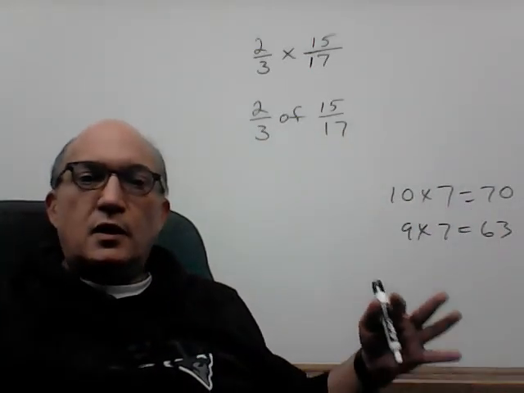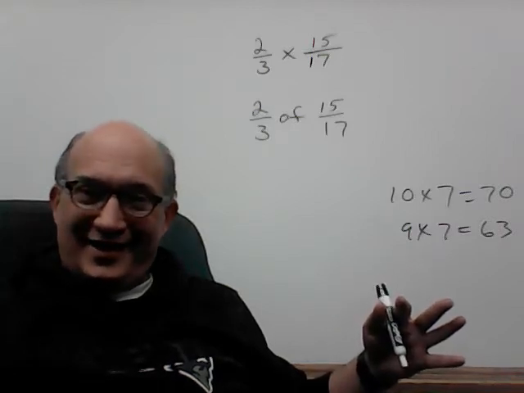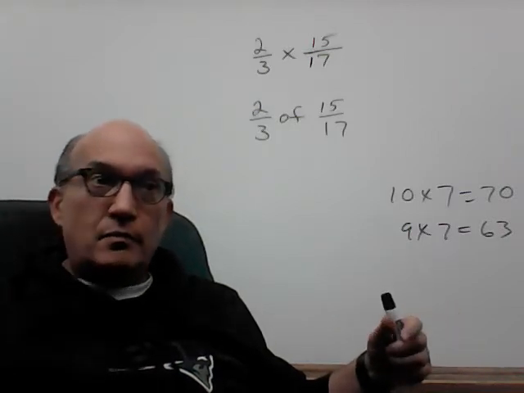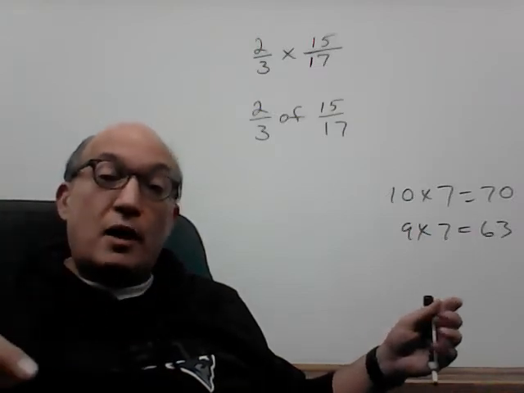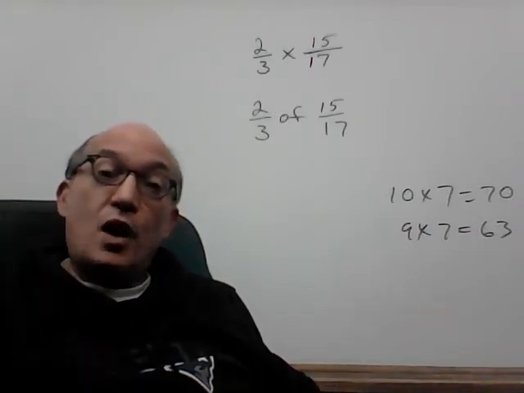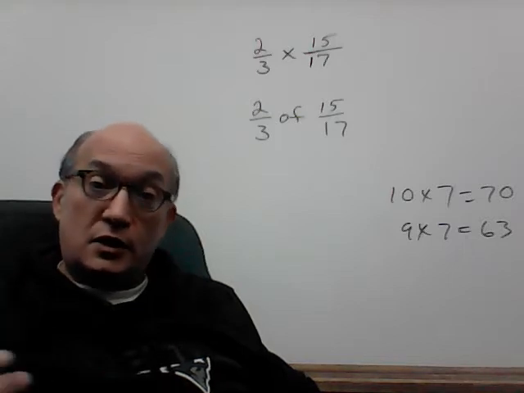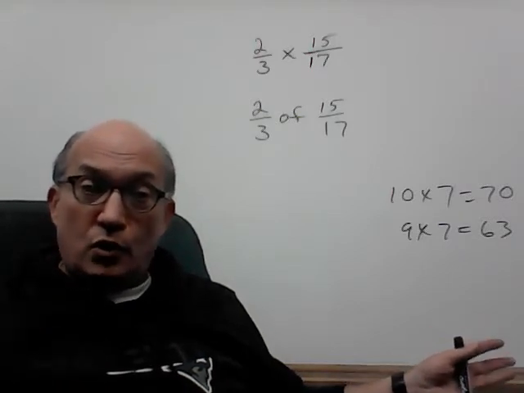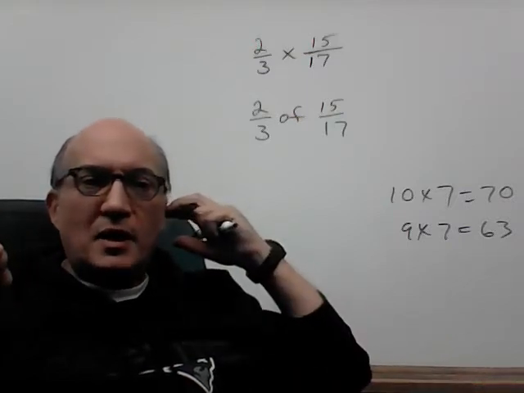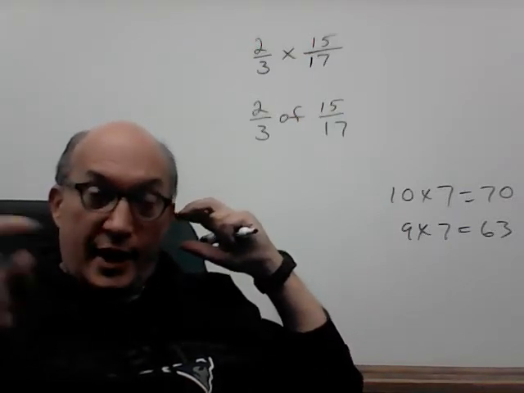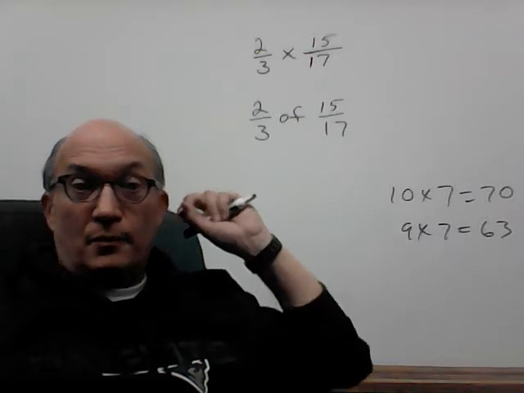But at this point, the understanding is kind of fun. To be able to do something, even if it's automatic, but to be able to do something not because I or a textbook or somebody told you to, but because you believe it. You believe that it makes sense. That'll make math much more enjoyable, and you'll be better at it in the long run as well.